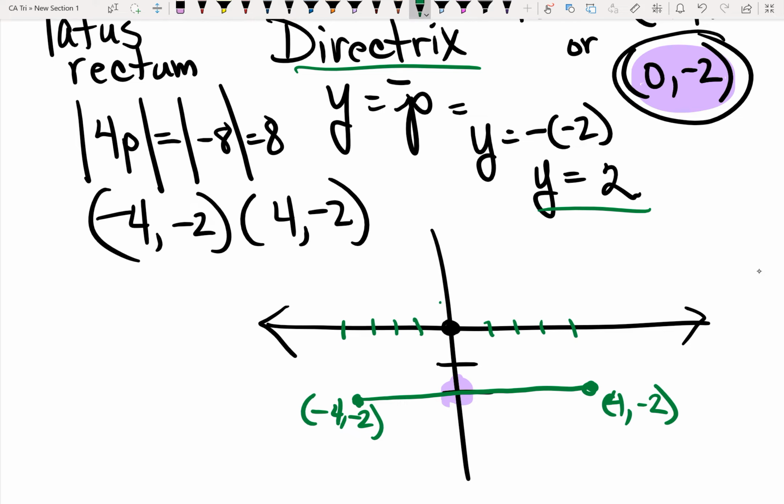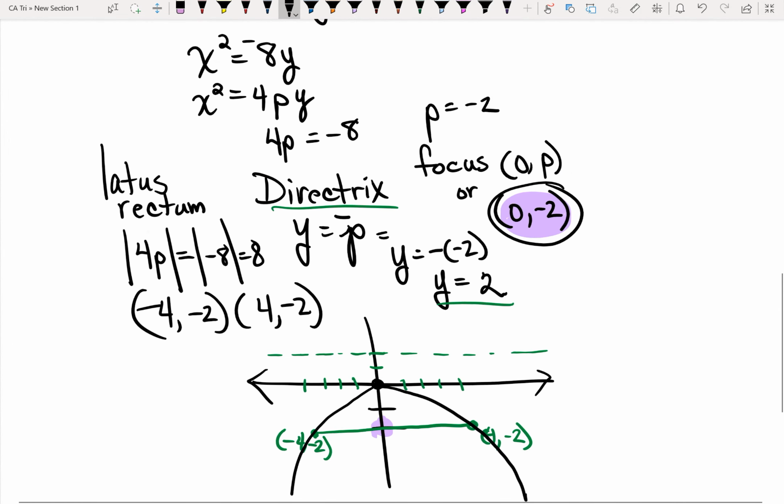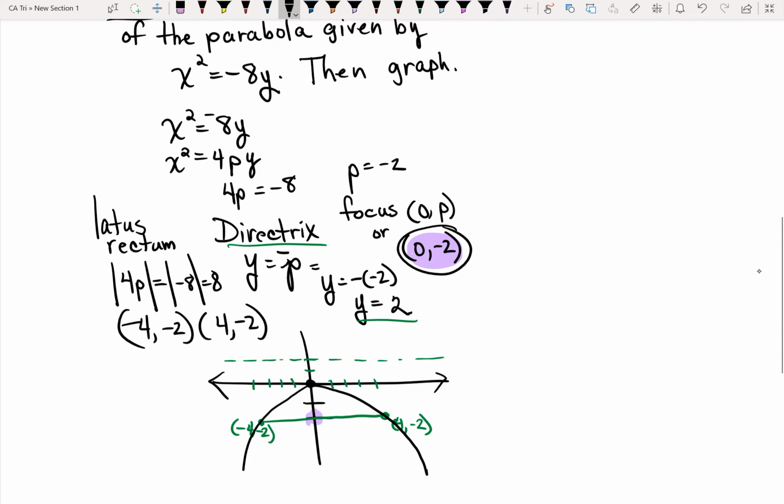Right, so I'm going to go up 2 points on the y, and I know that I have the directrix coming across this way. Okay, and then now just draw your parabola. We know that it's going to go through this point here, and we know it's going to go through this point here. Okay, once again, we knew that we had to draw it down because notice that it's x squared is equal to negative 8y. Alright, so that's that example.